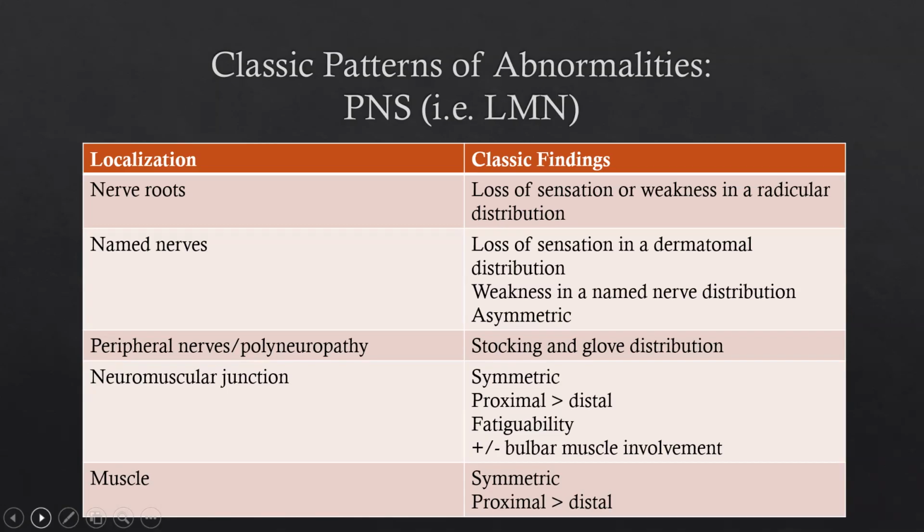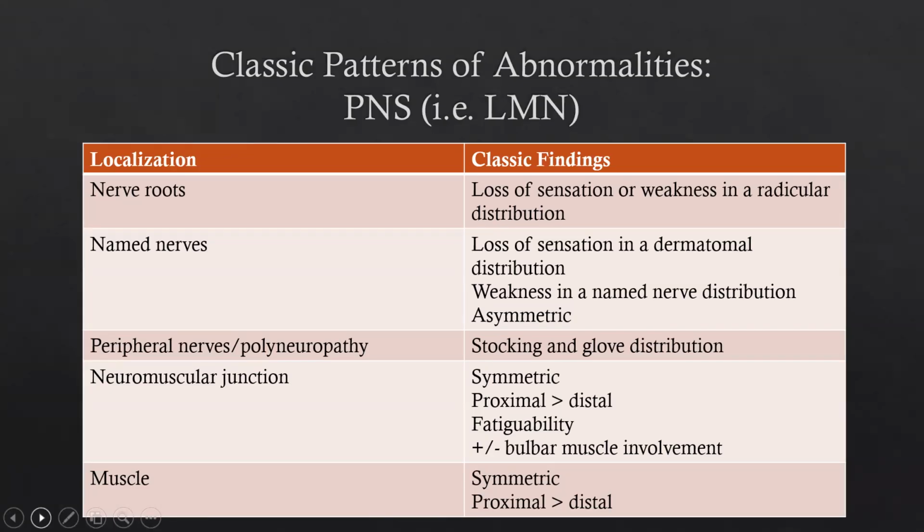And then for a peripheral nerve or a polyneuropathy, you get a glove and stocking distribution if both the upper limbs and lower limbs are affected. If it's just the lower limbs that are affected, you get a stocking distribution. And then for a neuromuscular junction problem, you get symmetric involvement, and generally tends to be proximal more than distal.